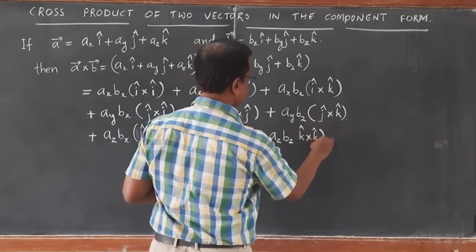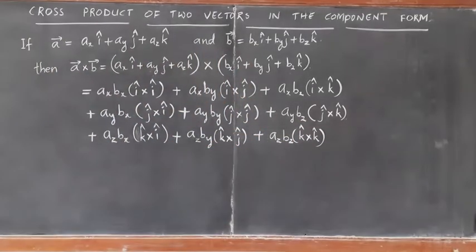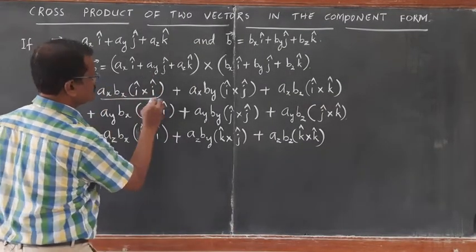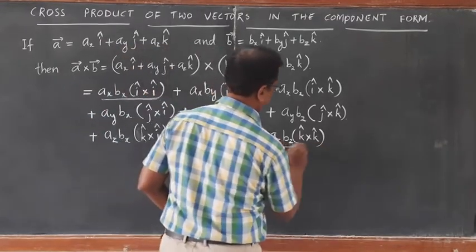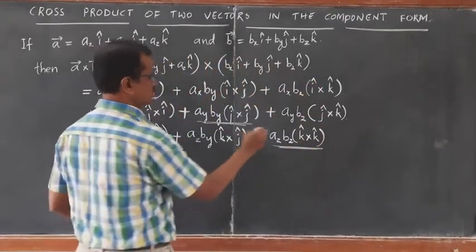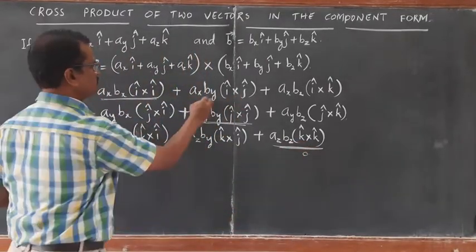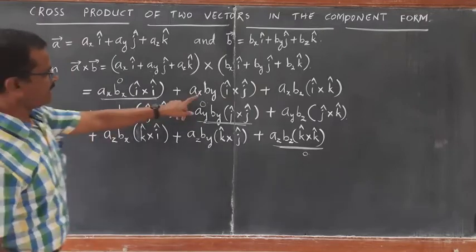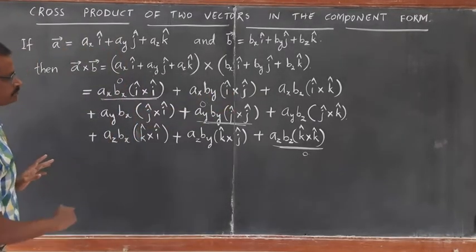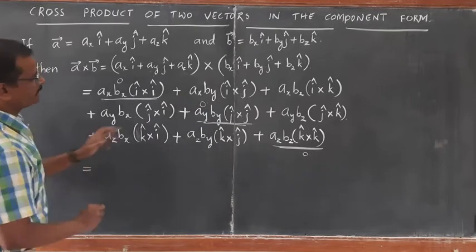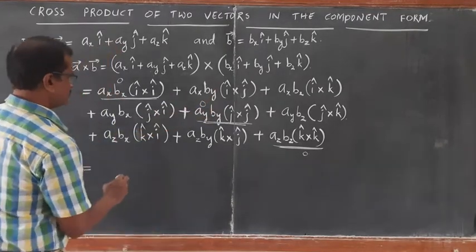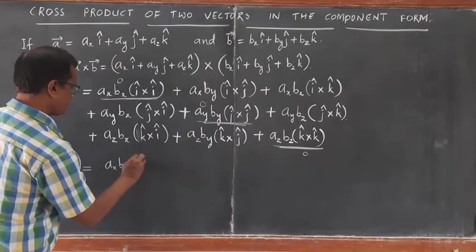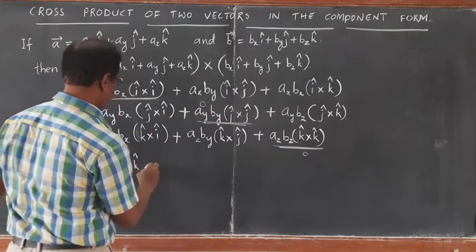Straight away, out of these 9 terms, three terms are going to be 0. i cross i is 0, j cross j is 0, and k cross k is 0. So you will be left with only 6 terms. i cross j gives you k, and i cross k gives you j in reverse.